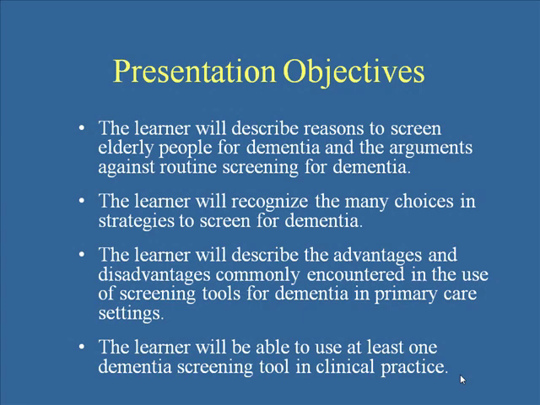I'd like you to recognize the many choices that you have in strategies to screen for dementia. And ultimately, I'd like you to be able to use at least one dementia screening tool in your own clinical practice. There are advantages and disadvantages to some of those commonly encountered screening tools, and I'd also like you to be able to describe what the advantages and disadvantages are.